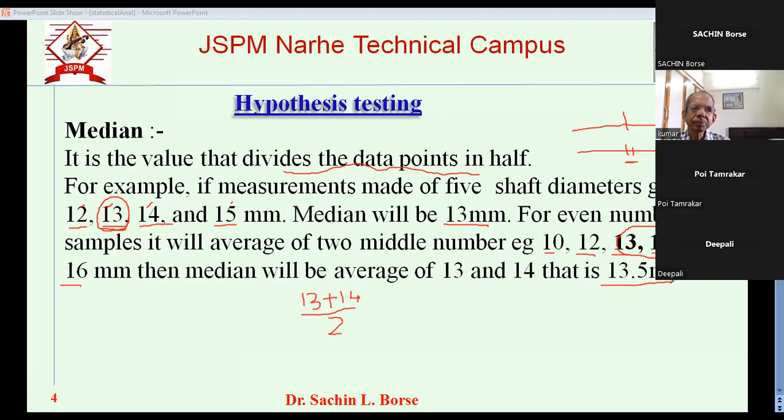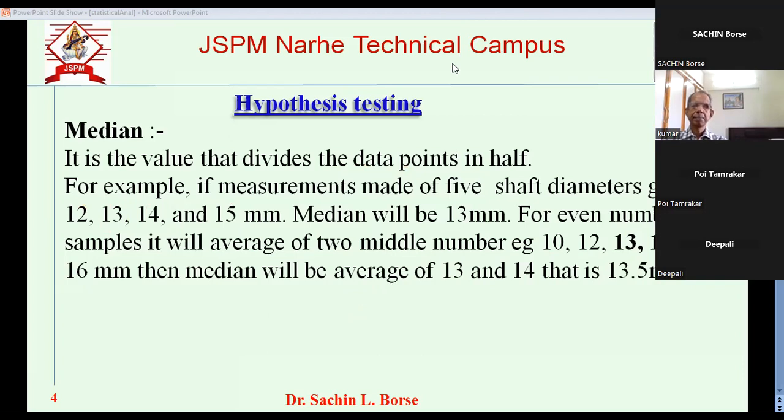But it is not actually the average, please understand. So we arrange the numbers in ascending order. We pick the middle number for odd numbers. If it is an even number of readings, then we take the middle two numbers and take the average. So that is called the median. Mean is a better representative than the median, but still some people use the median.